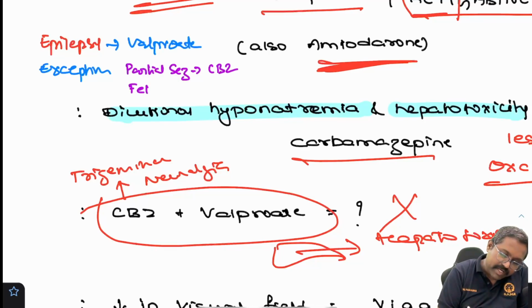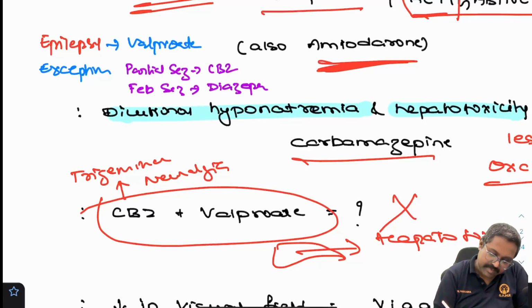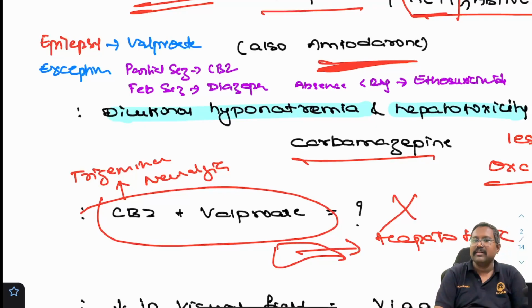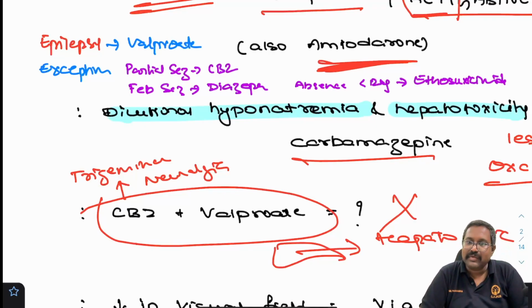For febrile seizures, you will be using rectal diazepam. In case of absence seizures, especially less than 12 years, since valproate can cause hepatotoxicity, you can go with ethosuximide. Ethosuximide can be the drug for absence seizure less than 12 years.